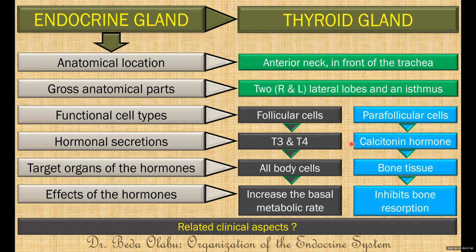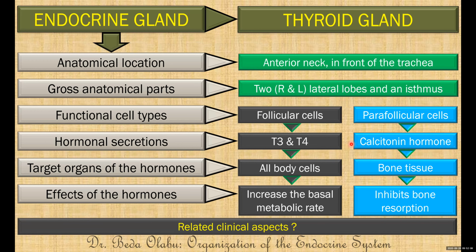So remember what we mentioned about related clinical aspects. If you have high levels, if you have excess thyroid hormones, then you call that hyperthyroidism. If you have low levels of thyroid hormones, you call that hypothyroidism.